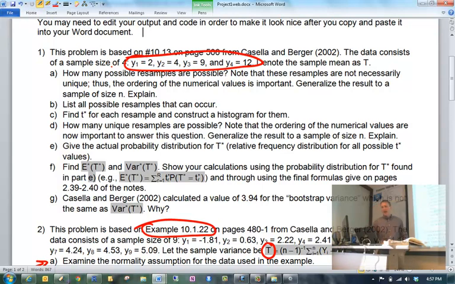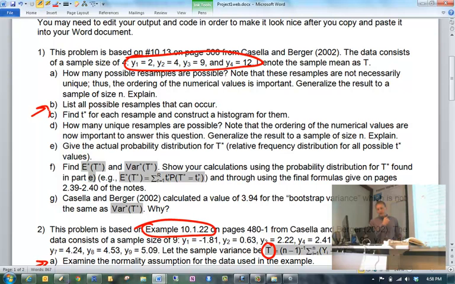We already talked about part A: find how many possible resamples are out there, where they're not necessarily unique resamples, so the order of the numerical values does not matter. And I want you simply to list out all the possible resamples. Don't worry, you'll be able to list them all out. There's a large number, yet it's not that large. There's a variety of ways that you can do this in R, so I wouldn't be surprised if some students find different ways to do this.